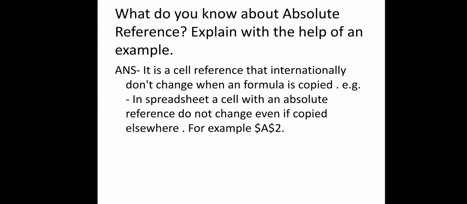For example, $A$2. And I hope you remember why we are using the dollar symbol. Dollar symbol is used to fix the value. If we are using the dollar symbol and we are dragging the mouse over the Excel sheet, then also the value of the cell will not change. So basically this dollar symbol is used to fix the value.